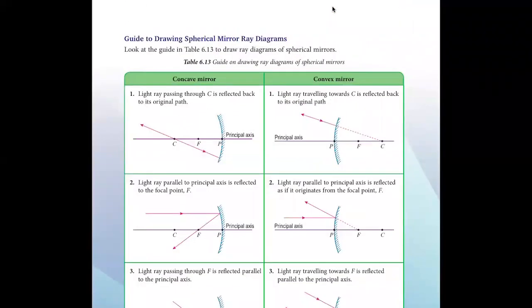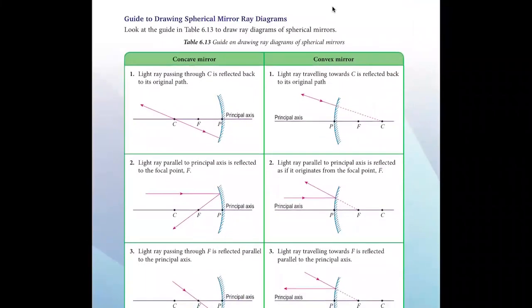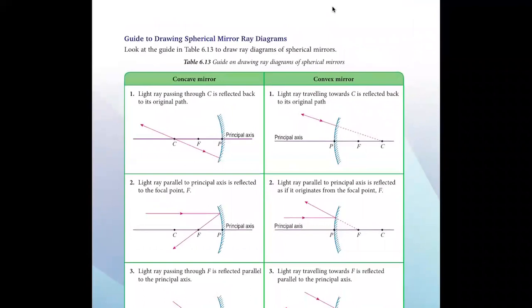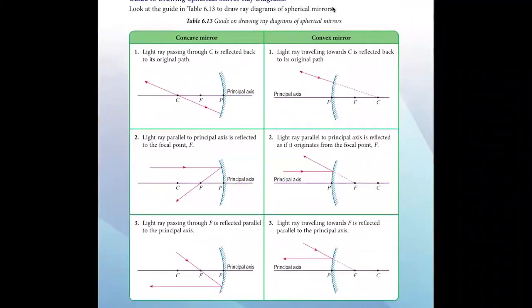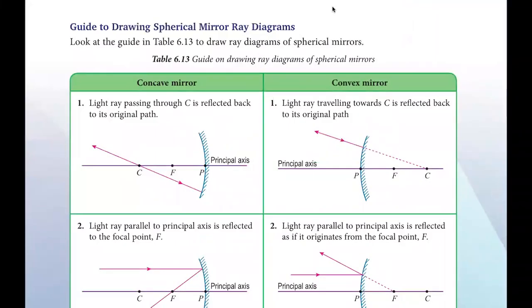It's actually not so different from drawing the convex lens. For the concave mirror, we will also use 3 rules to draw the ray diagrams. The first rule is the ray of light passing through C and then reflected back along its original path. Make sure you don't forget to draw the direction of the arrow after it is reflected.